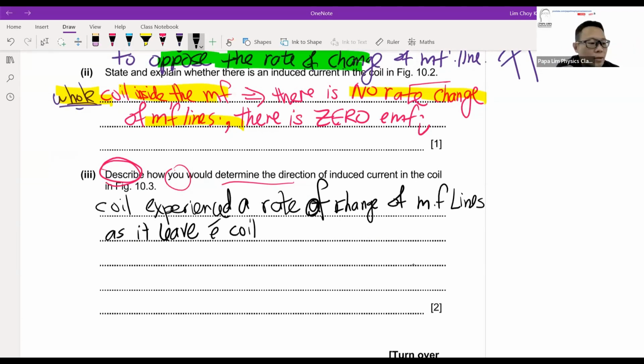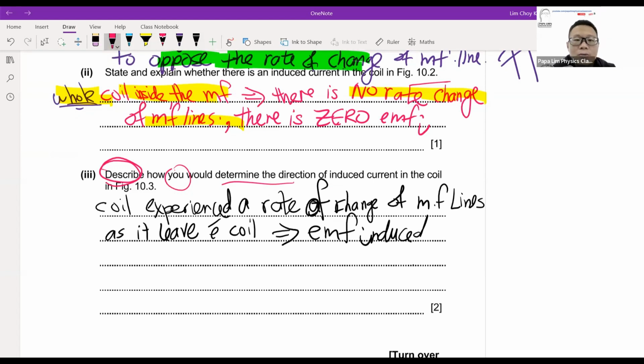So there is a rate of change of magnetic field lines, which means there will be an induced EMF at the coil. This is Faraday. After that, you bring in Lenz's law and the grip rule, because Lenz's law accounts for the induced current direction, and you need Maxwell's grip rule to determine the direction of the current itself. Once I finish Faraday, I will settle for Lenz's law.